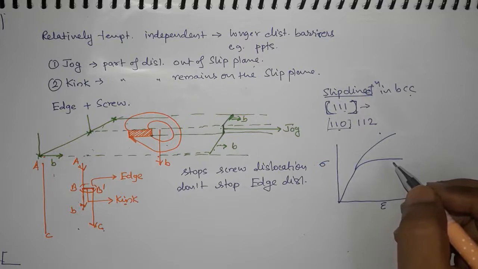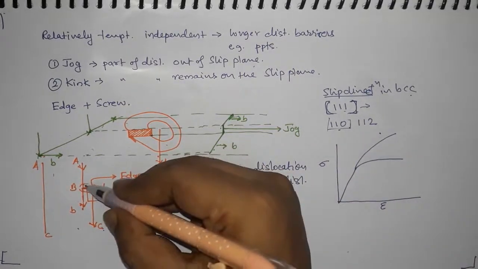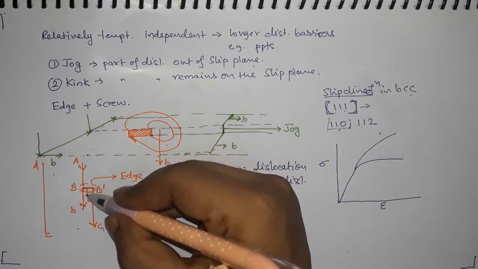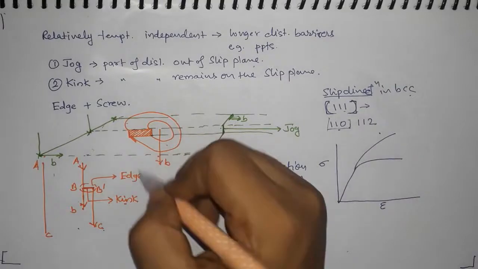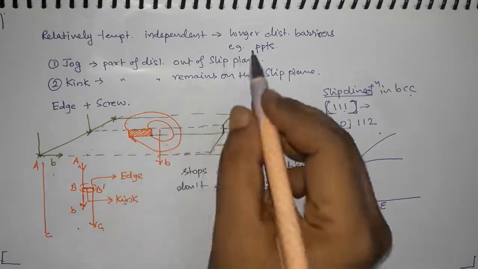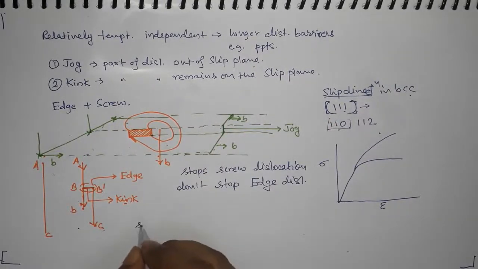When this kind of intersection blocks screw dislocations, that hardening is much more, but it is short range, so at a shorter distance.